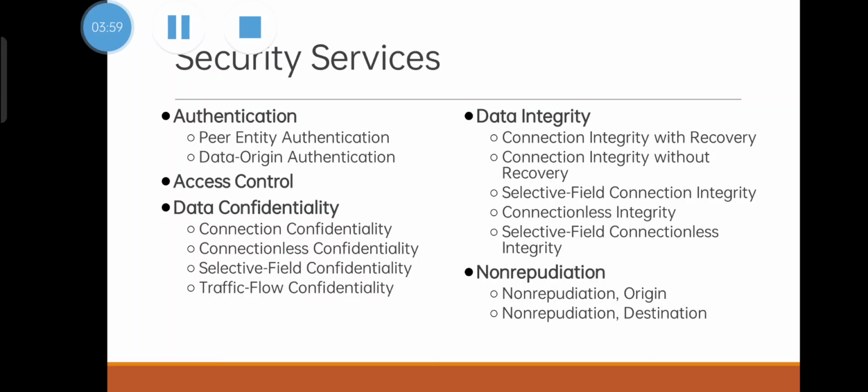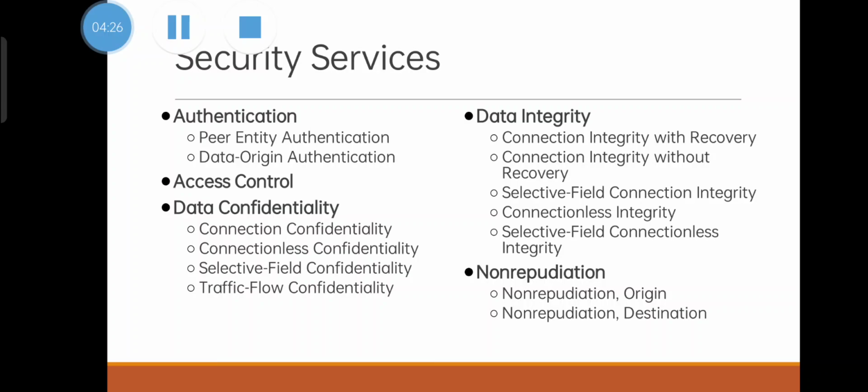So we discussed up to authentication and access control. Next is data confidentiality. We can keep the data confidential: connection, connectionless, selective field, and traffic flow. In data integrity, we want to know that the data sent by the sender is not altered or modified by somebody else.